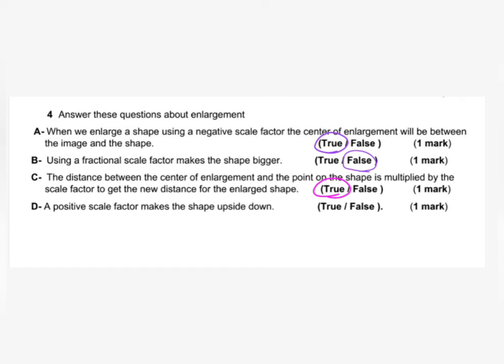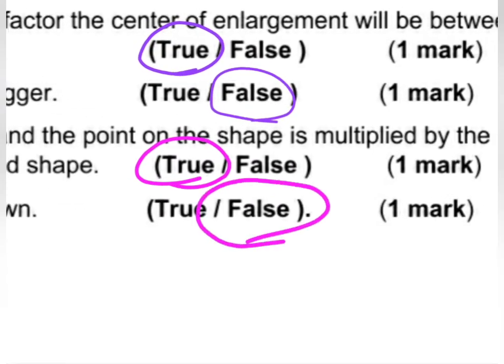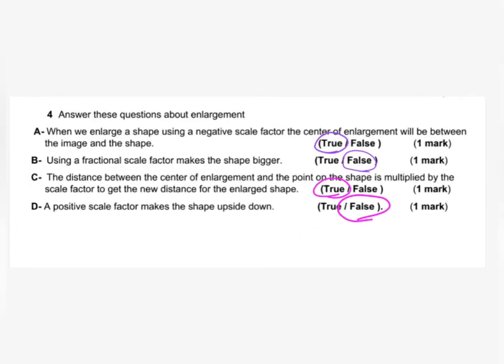It's not a positive scale factor fact. We said that the negative scale factor makes the shape upside down, but a positive scale factor keeps the same orientation of the shape. It doesn't change it to upside down. So this one is false. Very good. So a positive scale factor doesn't make the shape upside down.